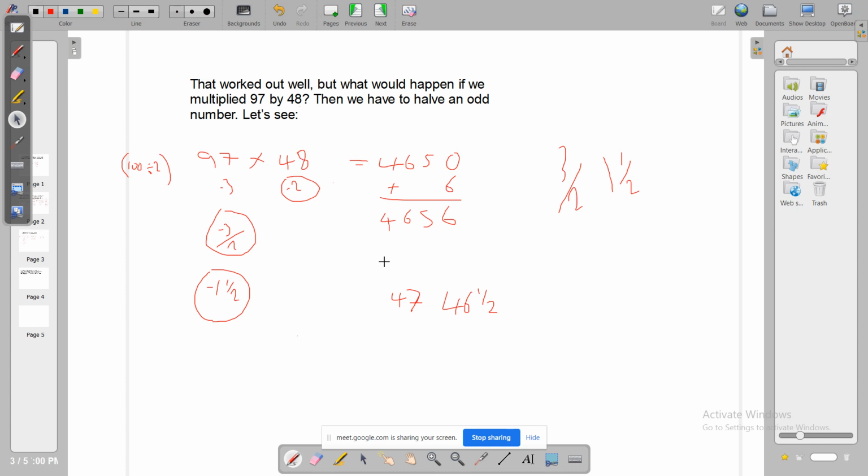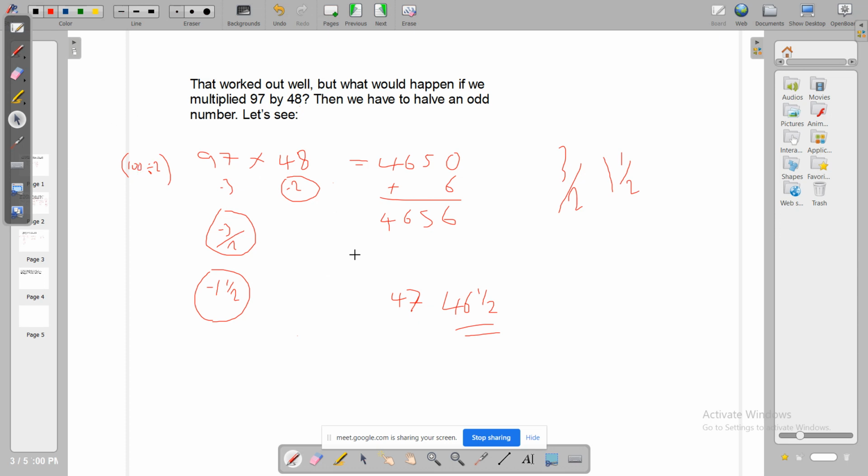So you need to always understand this. It's not difficult to do your multiplication and all those things. So now we need to multiply 100 by 46 and a half. Do you understand? Because we have to multiply the mean.